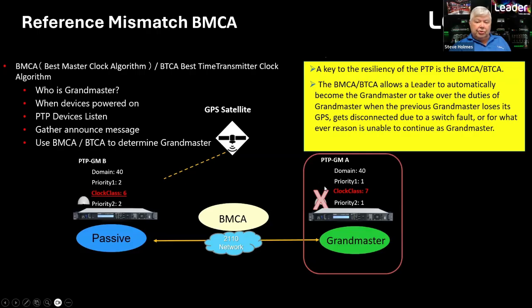You do need to test not only just removing PTP, but you also need to test by removing just the GPS lock and have it go into clock class 7 and make sure you do have that change of state all the way through your system.